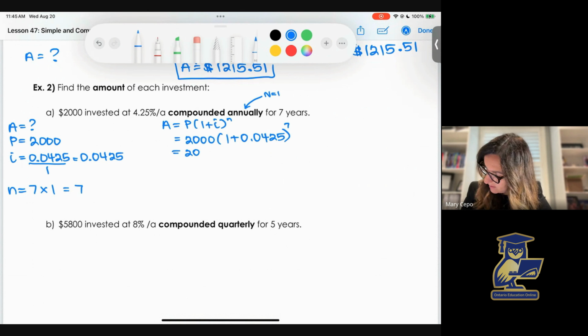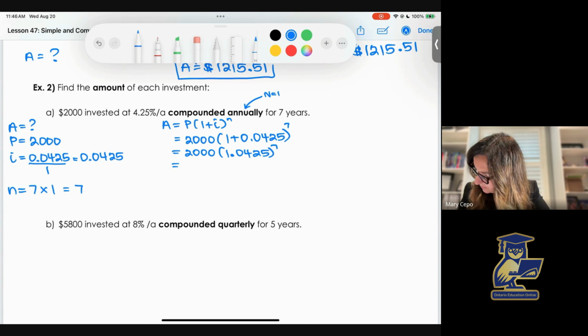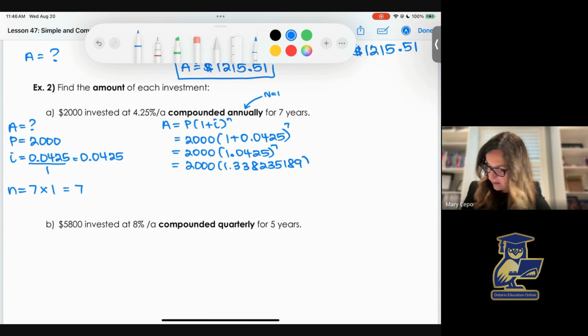Simplifying, 1.0425 to the exponent of 7, which would be 2,000 times 1.338235189.